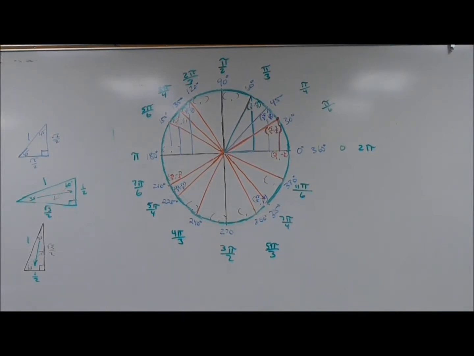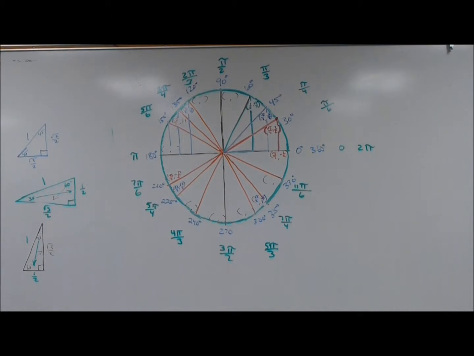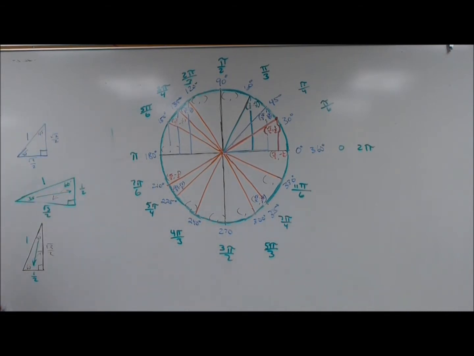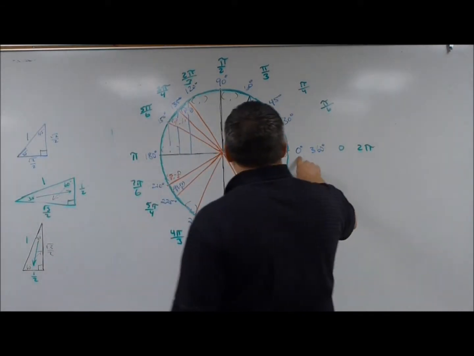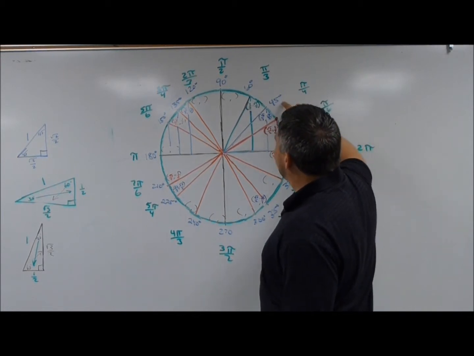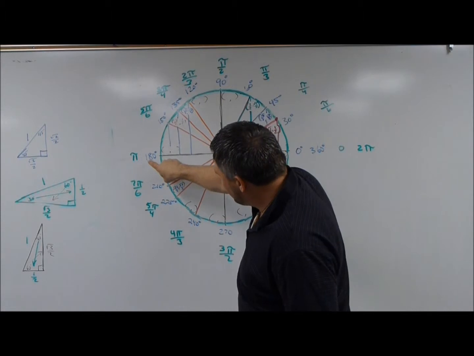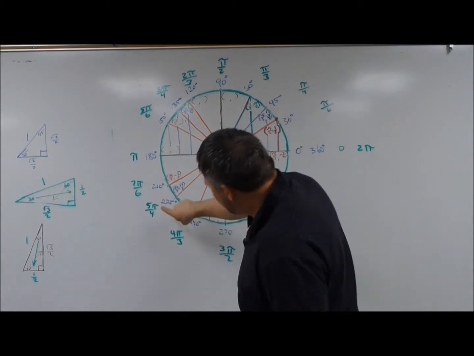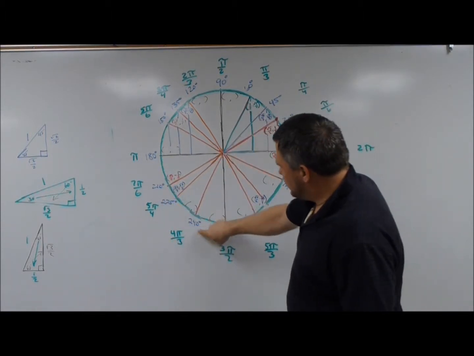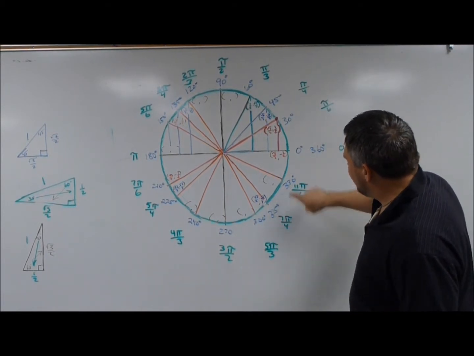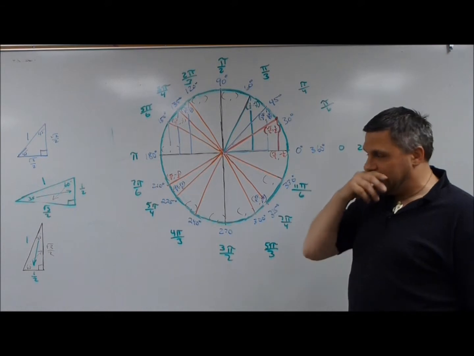So the unit circle. Let's talk about this. We have our degrees. We filled them in: 0, 30, 45, 60, 90, 120, 135, 150, 180, 210, 225, 240, 270, 300, 315, 330, and 360.